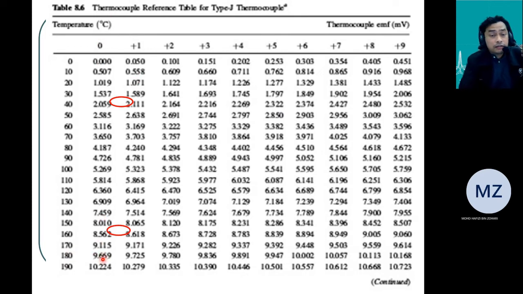Let's say, for example, if you read 9.503, it's actually between 170 and 177. So 177 degrees if the EMF is 9.503. All right, so that's how you get it.